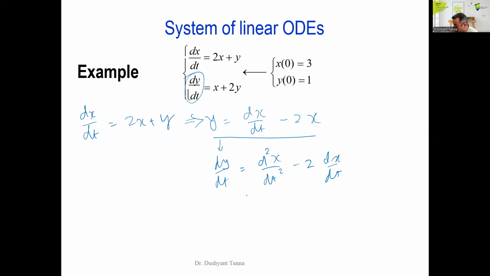You can call it x double dash minus 2x dash, easy to write. Now what is this? It is dy by dt. So can I call it x plus 2y is equal to x double dash minus 2x dash. We are almost there, but we still have a y in our equation.